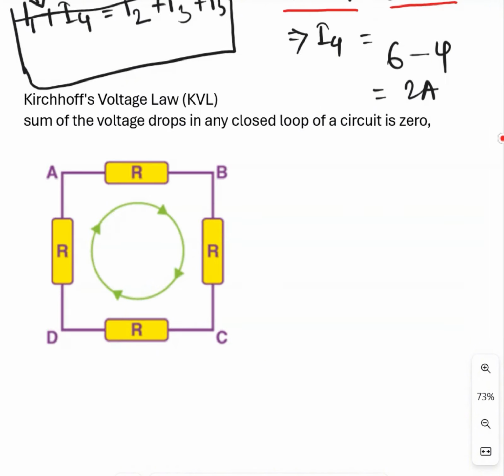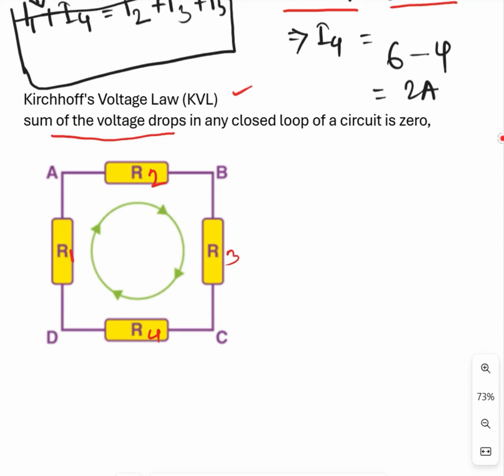And the second one is KVL, Kirchhoff's voltage law. Kirchhoff's voltage law states that the sum of total voltage drop within a closed circuit. So this is a circuit here: resistor number 1, resistor number 2, resistor number 3, and resistor number 4.